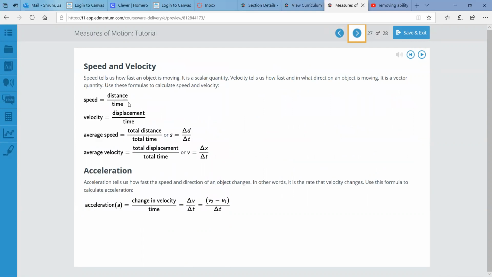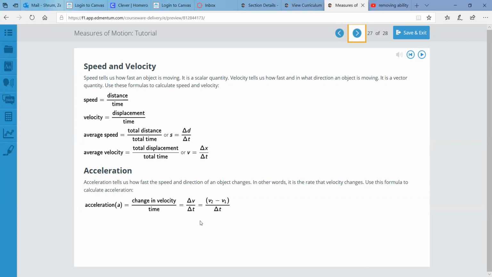Speed and velocity: speed is distance over time, velocity is displacement over time. So velocity tells us how fast and in what direction something is moving. Then we have acceleration, which is how fast the speed and direction are changing.